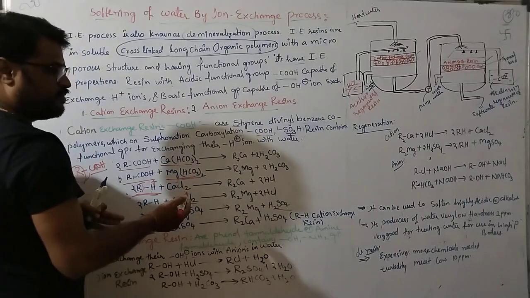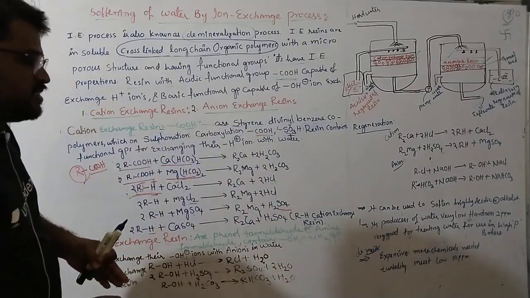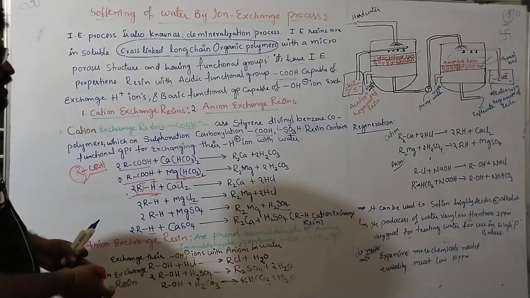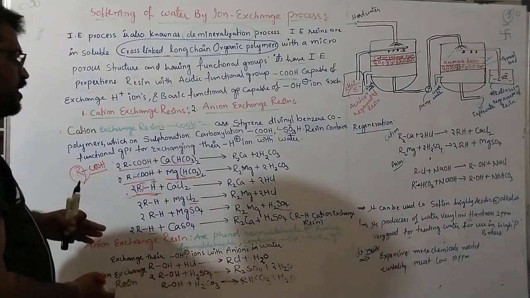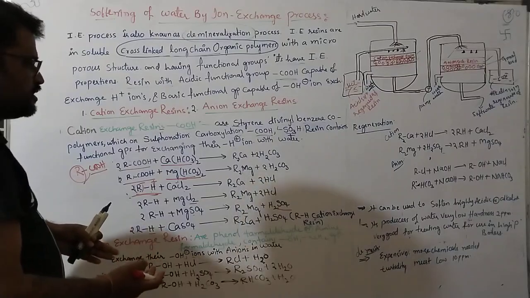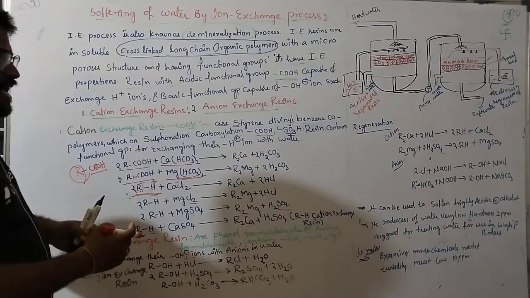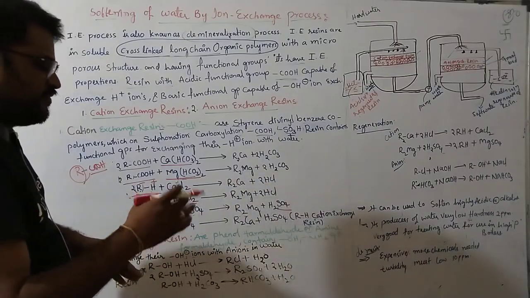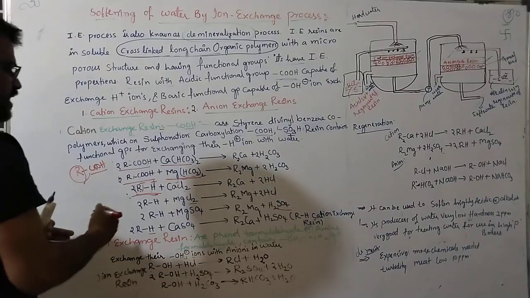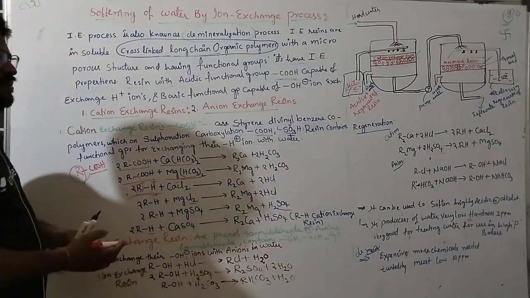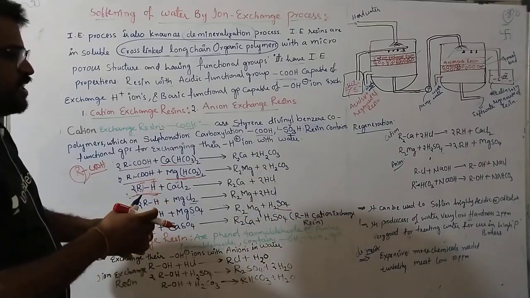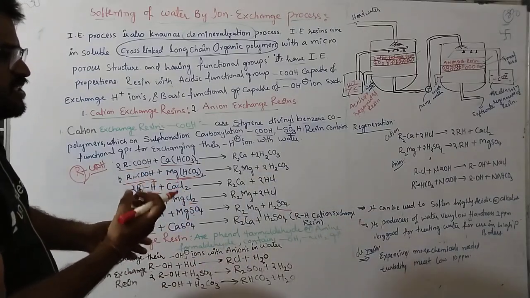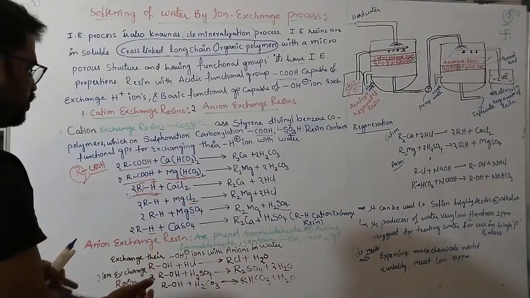We have two kinds of hardness: one is temporary hardness, another is permanent hardness of water. Temporary hardness is caused by bicarbonate ions. Permanent hardness is caused by the chlorides and sulfates of calcium and magnesium. We remove the hardness by removing the excess of metals through this process.